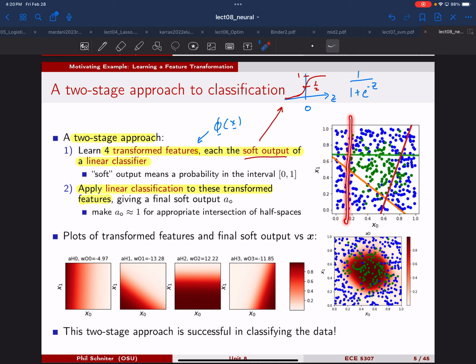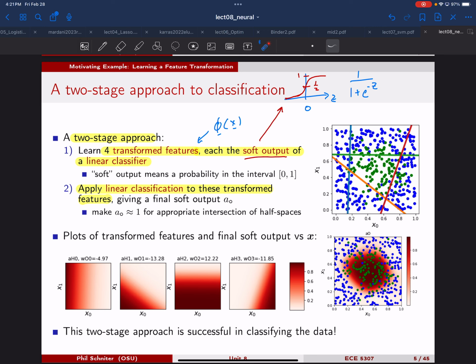So if I'm talking about a sample over here, then I'm looking at how far that sample is from the line, on what side of the line it is, and I'm essentially putting that number z through this sigmoid to get a number. And so for any given sample, I'm going to be computing 4 different transformed features, and then those 4 features I'm giving to a linear classifier that's going to have 4 weights and 1 bias. Does that answer your question? Yeah. Okay.